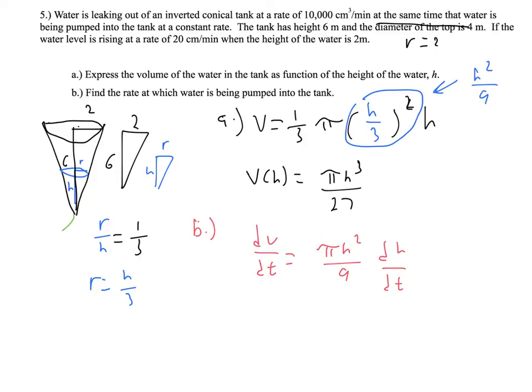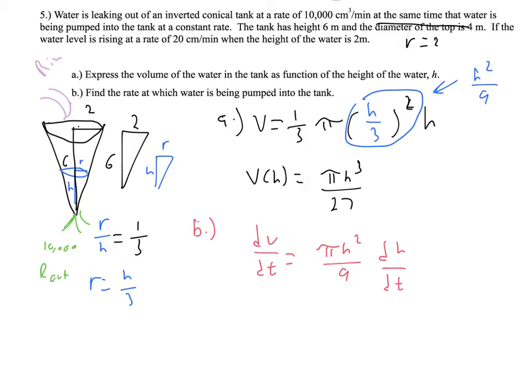We were told that water is leaking out at a rate of 10,000, and we're also pouring water in. So there's water being poured in. So let's think about this as like the rate in, and this as the rate out.